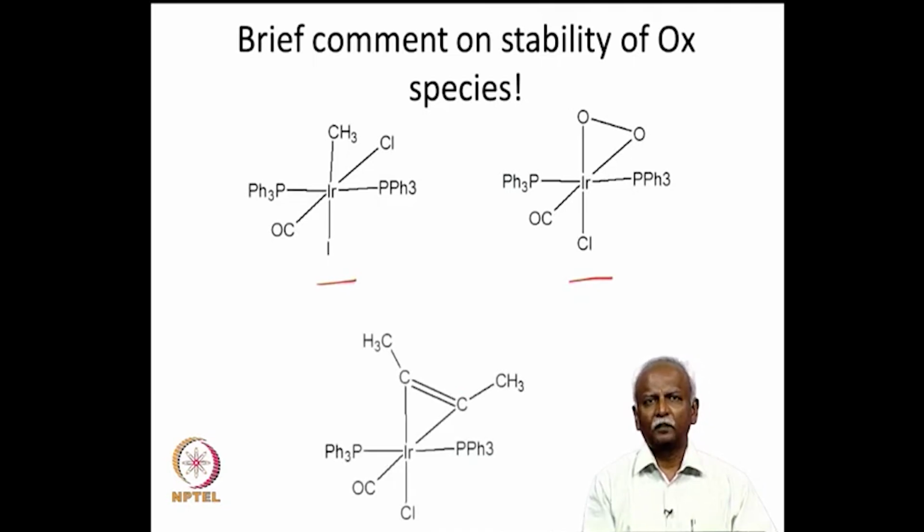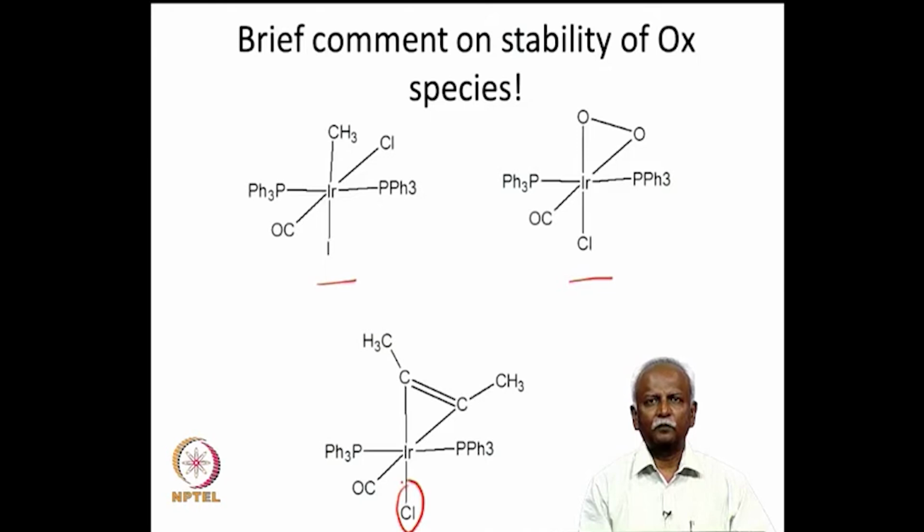On the other hand, there are species where the group that is adding on is not so electronegative. And so, we have this example here of dimethyl acetylene, which is oxidatively added, and at the end of the reaction, you will notice that iridium is in a formal oxidation state of +3, but nevertheless, the only electron withdrawing group on the iridium atom is the chlorine ligand.